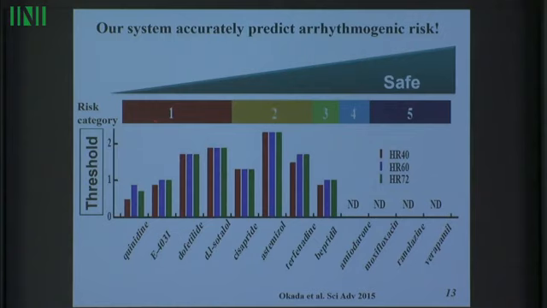We analyzed at 3 different heart rates, but no appreciable change were identified. But for the drugs in categories 4 and 5, we never observed arrhythmias. That means this screening system provides no false positive results.